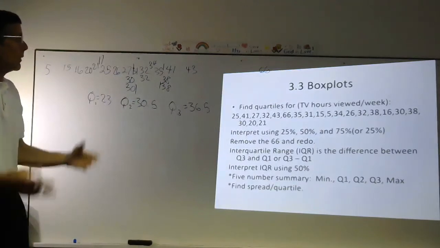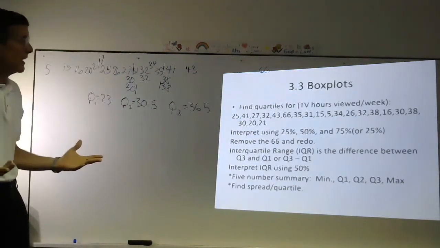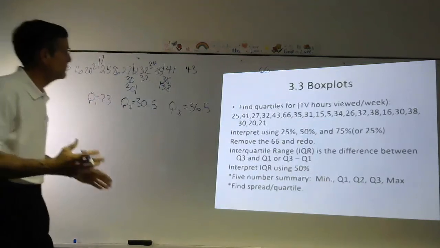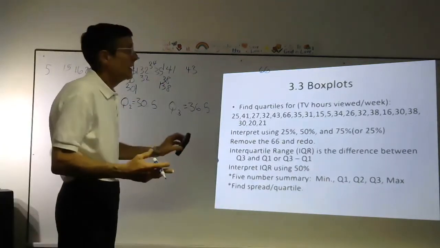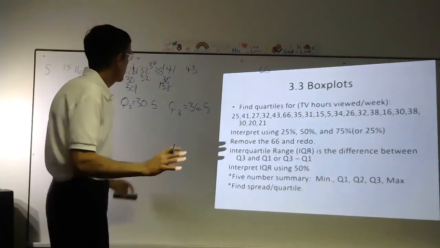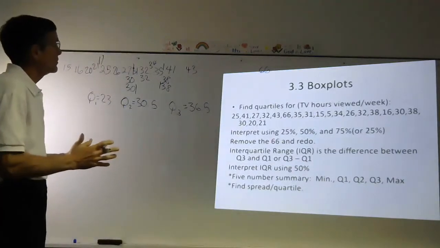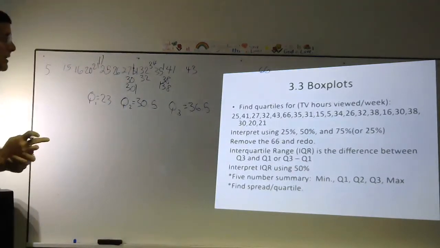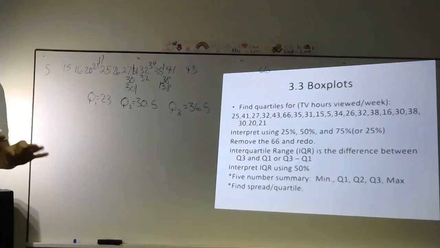Okay? What if I remove the 66? I'm going to remove the 66 and redo it. Okay, so let's talk about it. Without the 66, there are now 19 items of data, not 20.